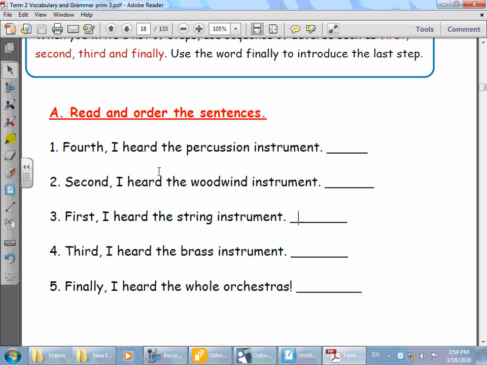Very good. Fourth, I heard the percussion instrument. Very good. So write number 4. And the last step, excellent, the one that starts with finally. So finally, I heard the whole orchestra. So we will write here number 5.